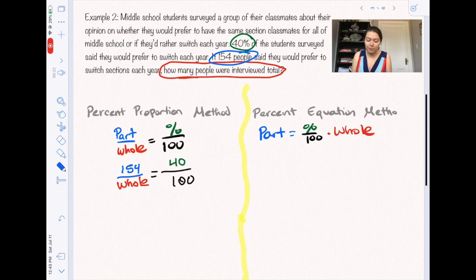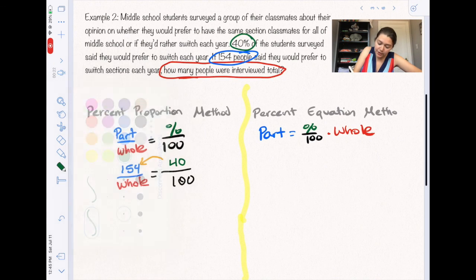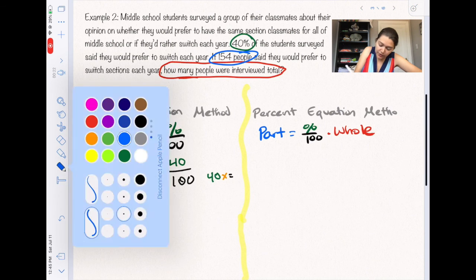Okay, so now I have my proportion. So now I can do what I always do, try to find a factor or a divisor to get from 40 to 154. Okay, so how do I get from 40 to 154? Again, I'm going to do it off to the side. I'm trying to figure out 40 times what is going to give me 154.